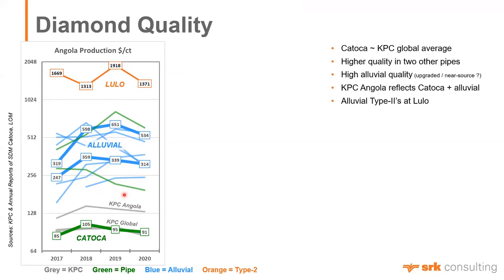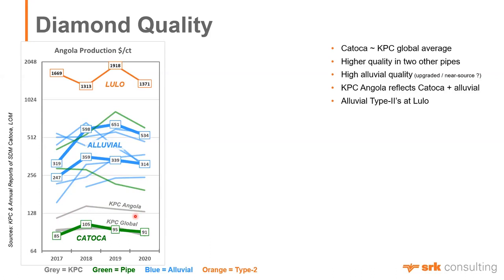If you look at the integrated price for KPC Angola, which is this over here, it's a blend, weighted roughly 80% Katoka plus 20% alluvials, to get you into this price bracket over here, just above $130 a carat.